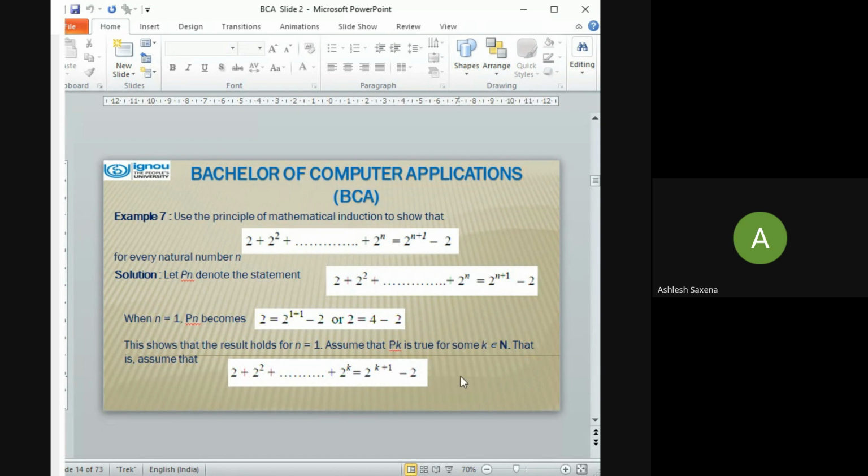Is that correct? Yes, sir. Okay. Now what will the next step be? Now see what will be the next step. 2 plus 2 square plus 2k plus 2 raised to the power k plus 1 will be equal to 2 raised to the power k plus 2 minus 2.